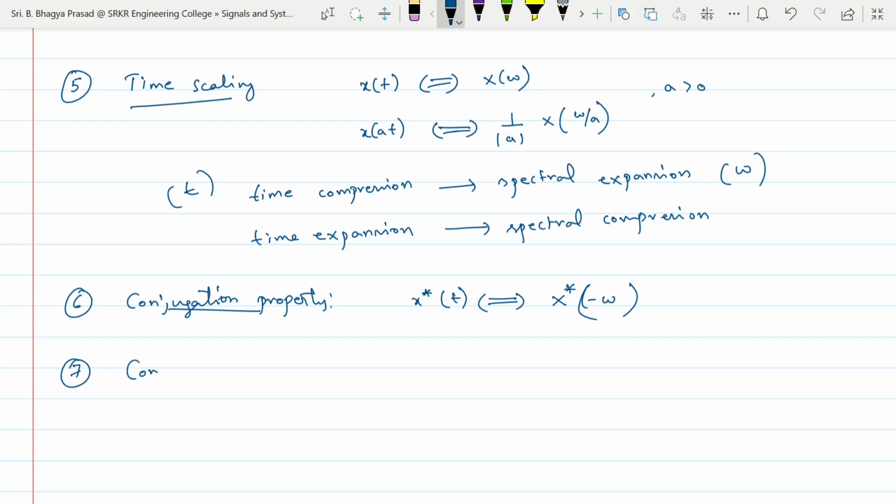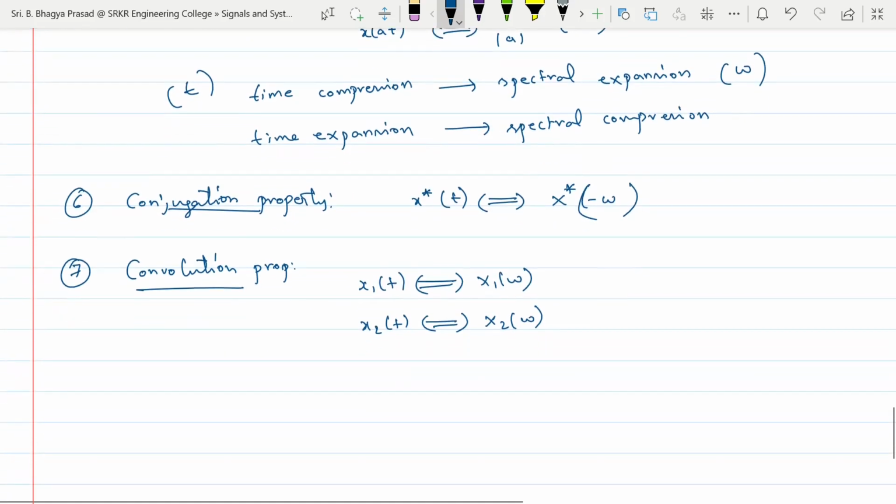convolution, an important property. x1 of t has Fourier transform x1 of omega, and x2 of t has Fourier transform x2 of omega.